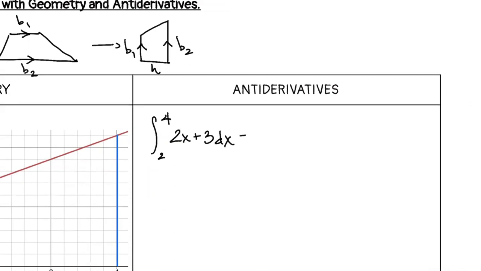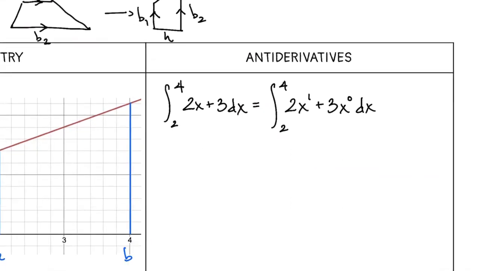One of the first things I like to do, especially in the beginning problems, is write out what that power is. So for example, 2x is 2x to the first plus 3x to the 0. I find this useful because if I'm going to use that power rule formula from 4.10, it's nice to know what the power is. The power rule says you take that power, add 1, and then in the denominator, you have that power plus 1 again.